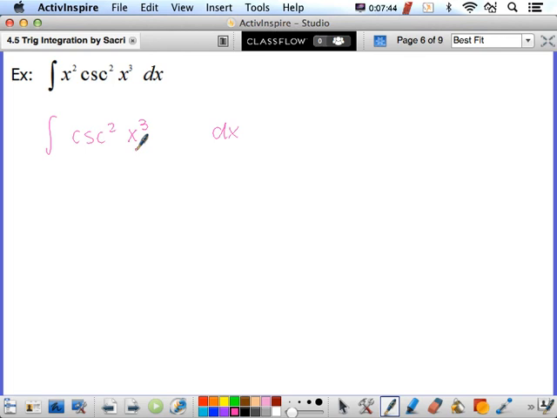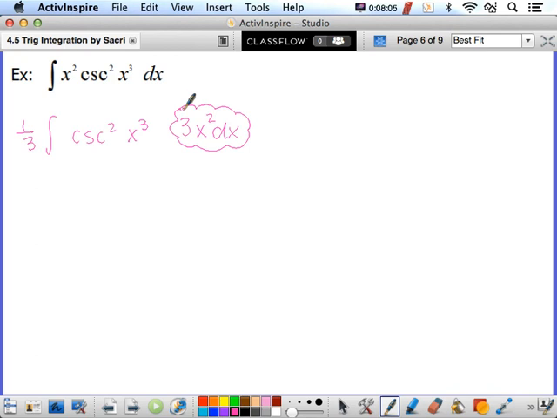So if I can make up a 3, and it turns out I can do that, and balance it with a 1/3, then this right here will allow me to ignore the angle and integrate not as if it's a power, but as if it's just one of those 6 basic trig functions. I can treat it just like a cosecant squared of x.